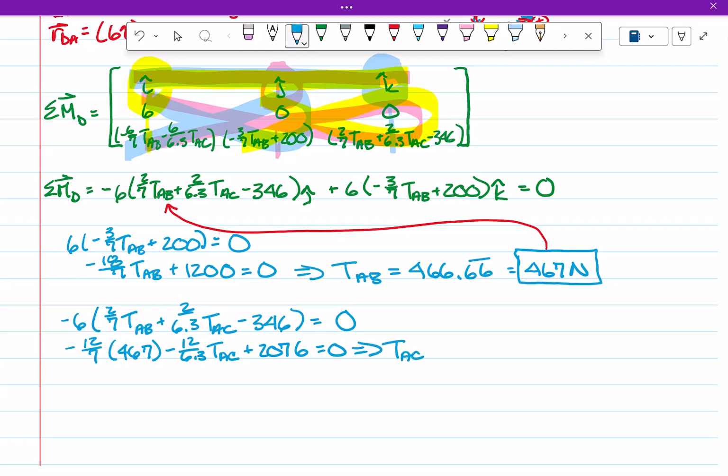Now we have our tension in AB, our tension in AC. We can substitute those back into these equations up here. So I'm going to start with this equation and calculate dx. Let me just copy that down.